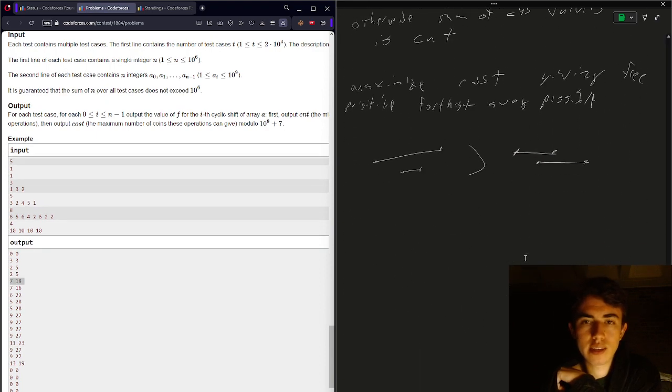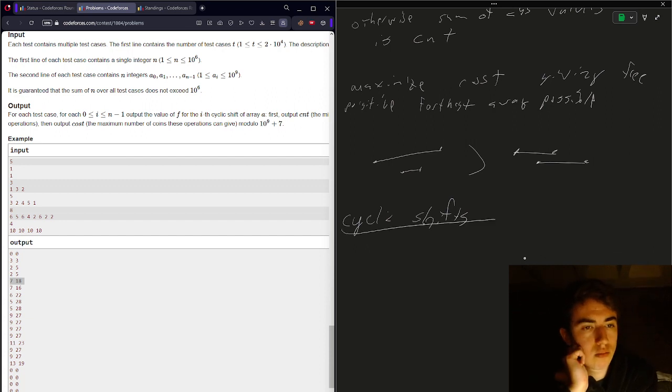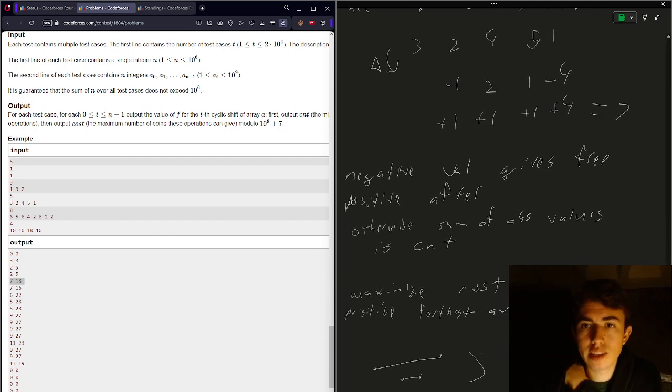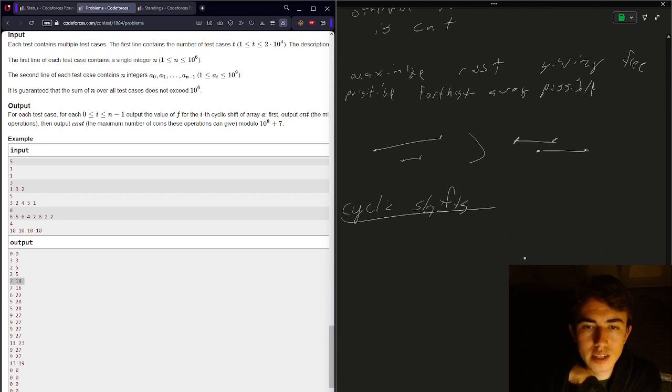Alright, so that's easy. Now the question is cyclic shifts. How do we deal with this? How does the difference array change? 3, 2, 4, 5, 1 goes to 2, 4, 5, 1, 3.